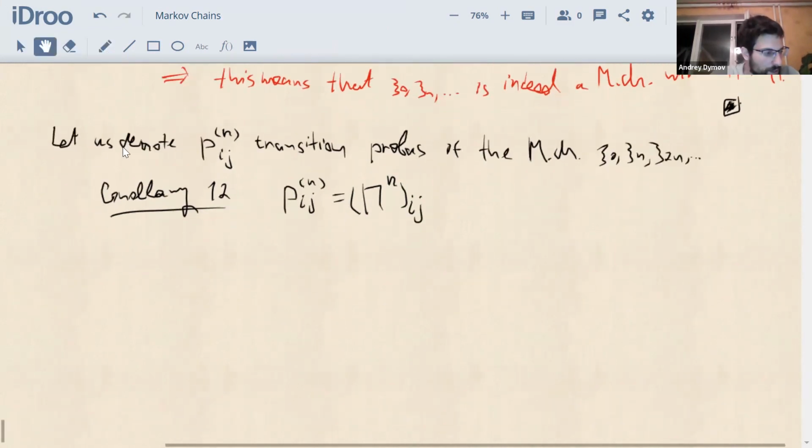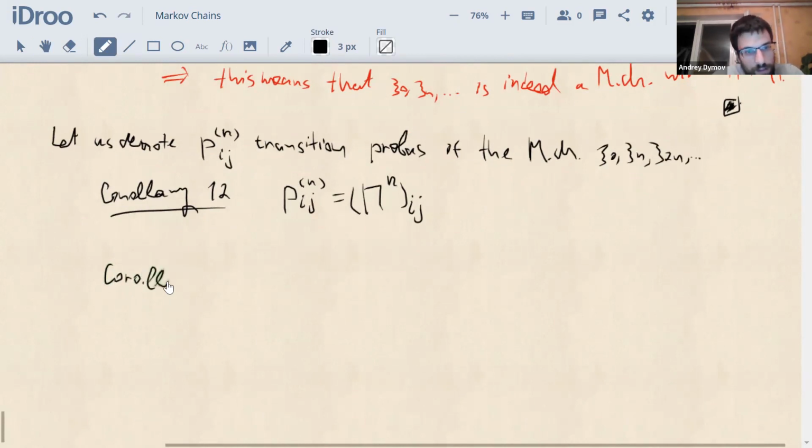And then we have one more trivial corollary. You see, everything we are doing is completely trivial, but then it turns out to be very useful.